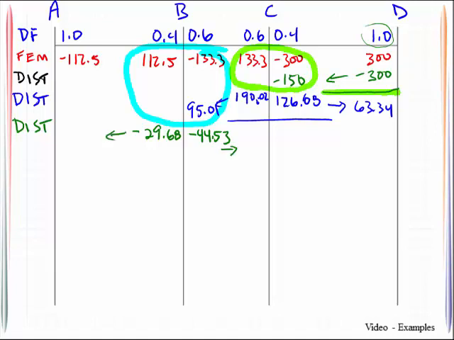We then need to handle the carryovers, which would be 1/2 of that, so negative 14.84, and this one will be negative 22.26. Let me draw a horizontal line, indicating that we've handled that one. And then we are prepared to balance the next joint.